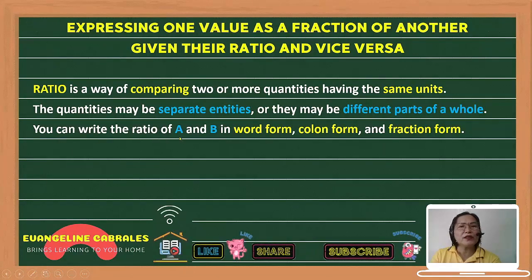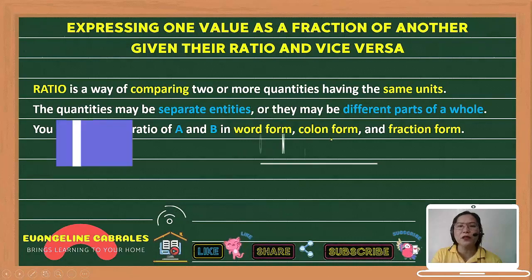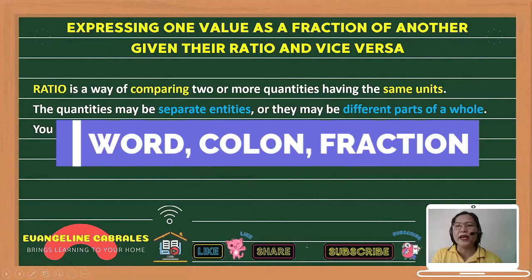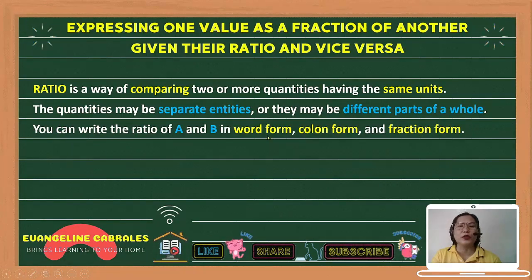You can write the ratio of A and B in, tandaan ha, word form, column form, and fraction form. So, itong tatlong form na ito, ang paraan kung paano isinusulat ang ratio. And I will elaborate this later in the lesson, okay?